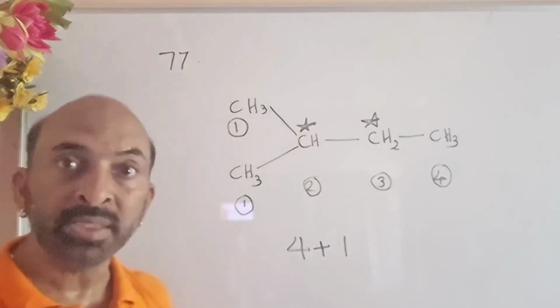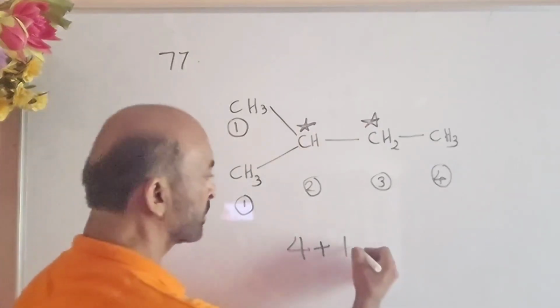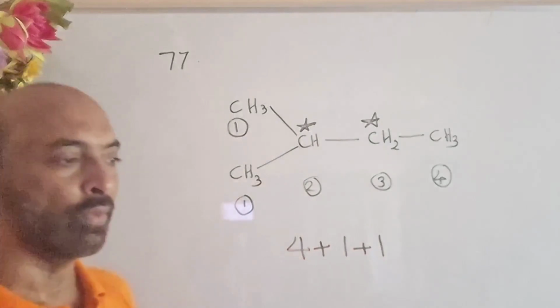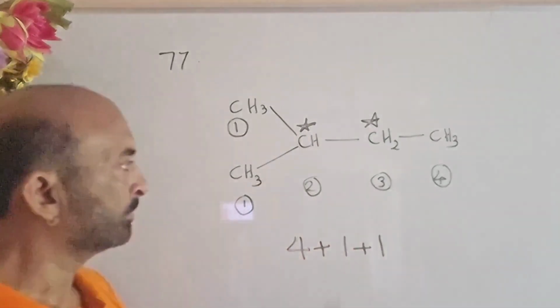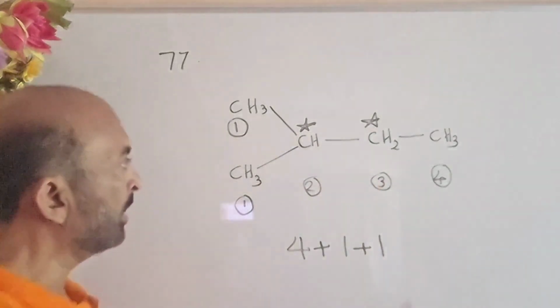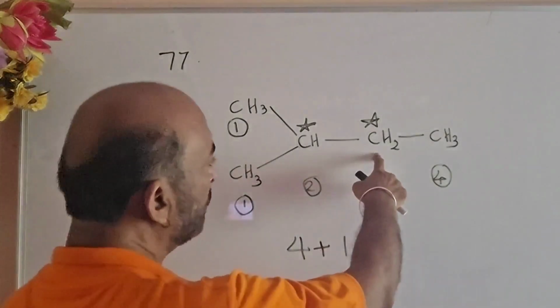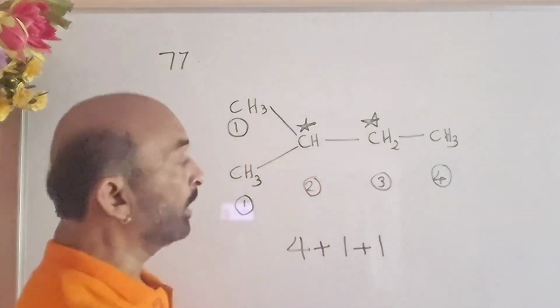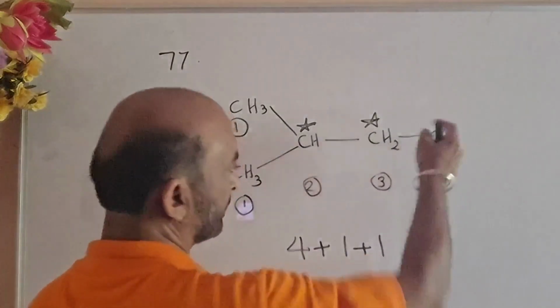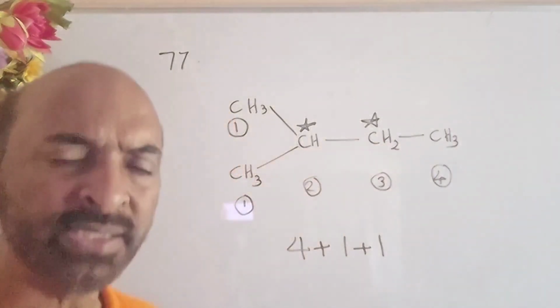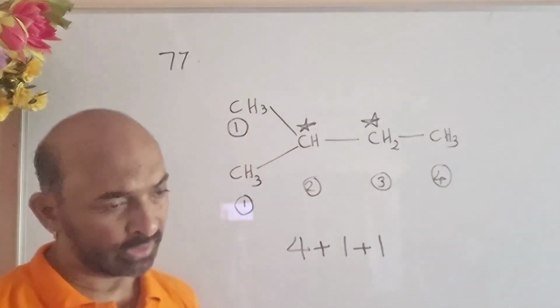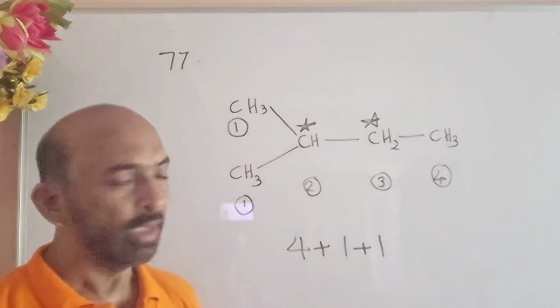Whenever a new stereocenter is generated, you have to add one, because you have a DL pair, one already counted, so you can count one more only. So here you have one more new compound. Then the last case here. Suppose you replace one of the hydrogens by chlorine, it turns out to be CH2Cl.